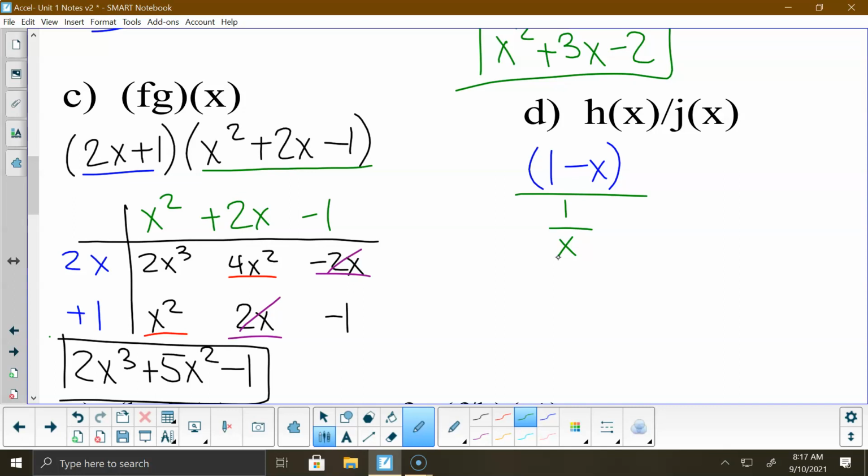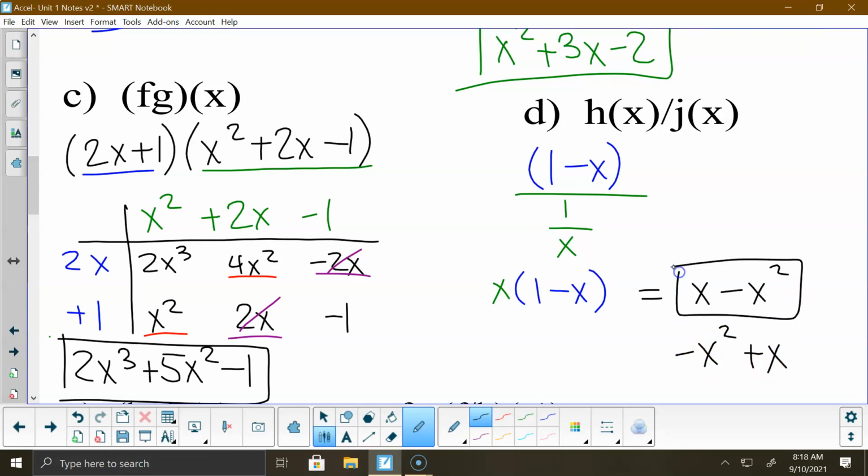Normally makes people cry, okay? Instead of dividing by a fraction, can I multiply by the reciprocal? So the reciprocal of 1 over x is just x. So this leaves me with an answer of x minus x squared. You could rewrite it as negative x squared plus x. They're the same thing.